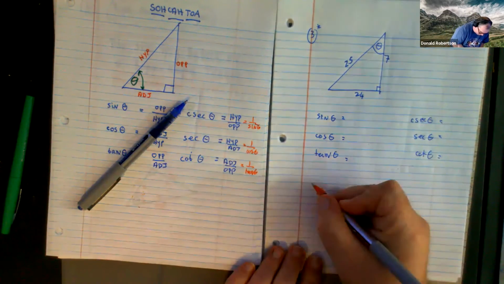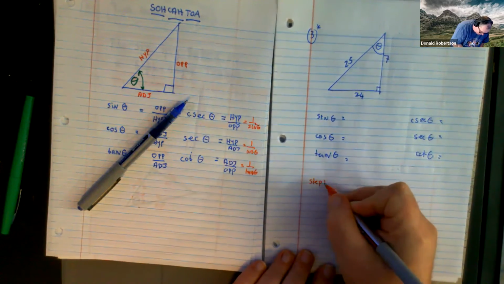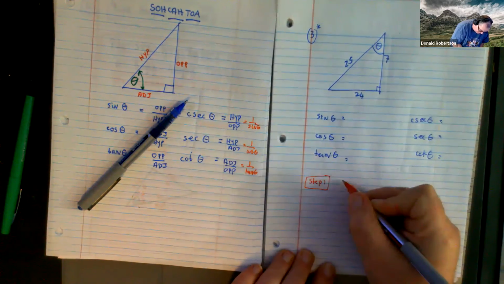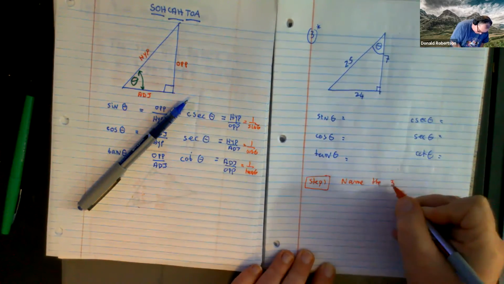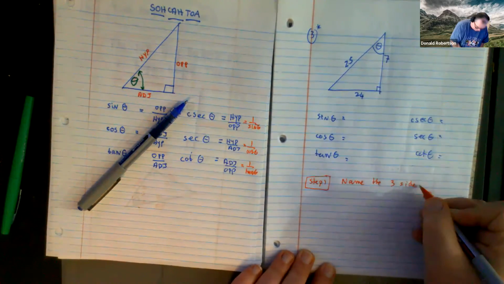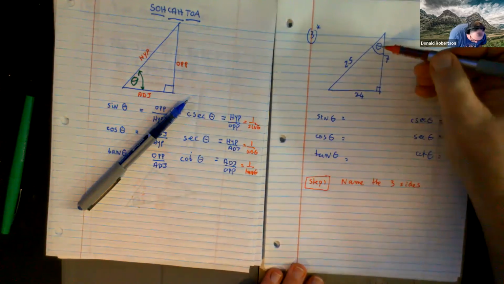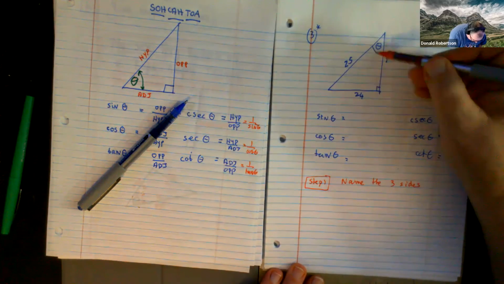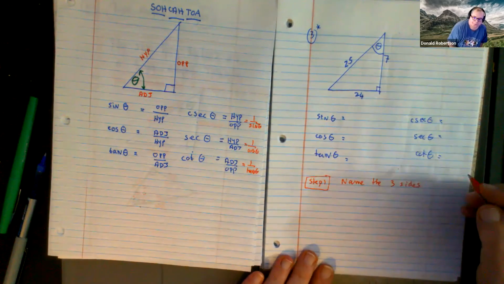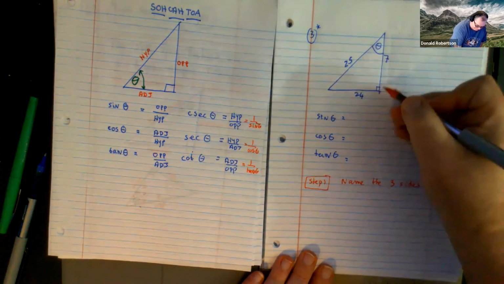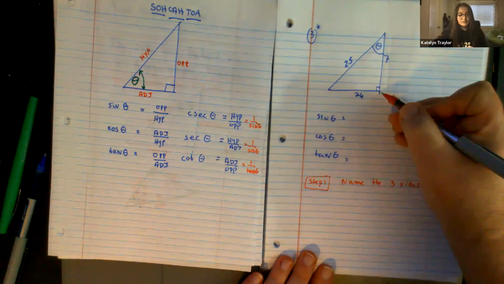Step 1. First thing you should do in this type of question is name the 3 sides. Right, from this angle, this is the angle of interest. What name do we give to 7? Adjacent.